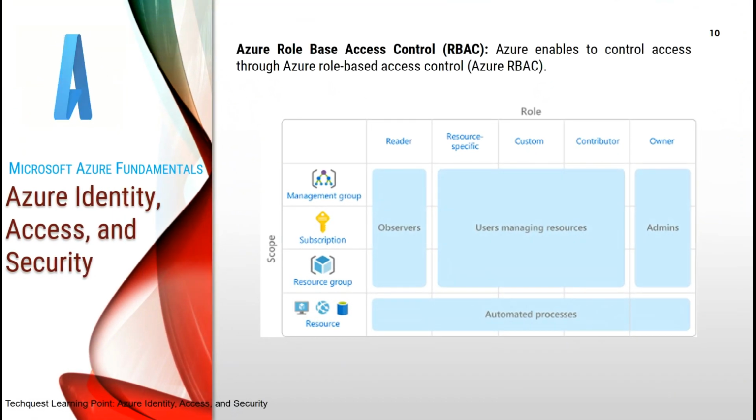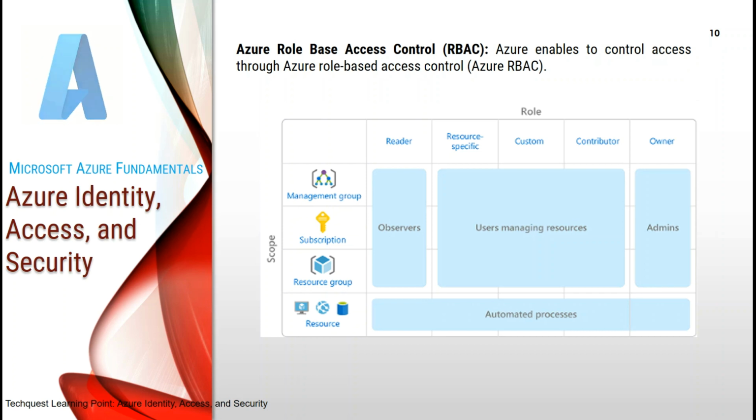Azure role-based access control. When you have multiple IT and engineering teams, how can you control what access they have to the resources in your cloud environment? The principle of least privilege says you should only grant access up to the level needed to complete a task.